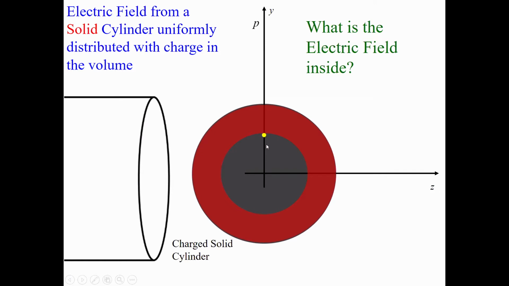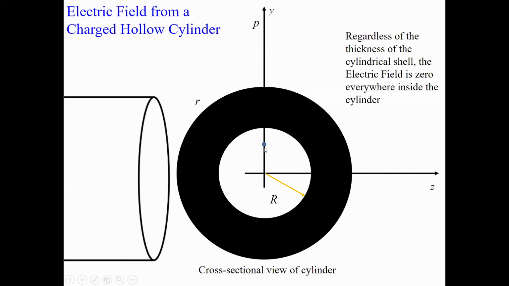If I were to bring this point downward, then I would have to bring the gray, the red shading along with it. Because I keep coming back to this part. Do all of the contributions cancel each other out? Yes, it does. Okay, so regardless of whether it's solid or not solid, that electric field is still zero, even though the inside is contributing, those contributions cancel each other out.